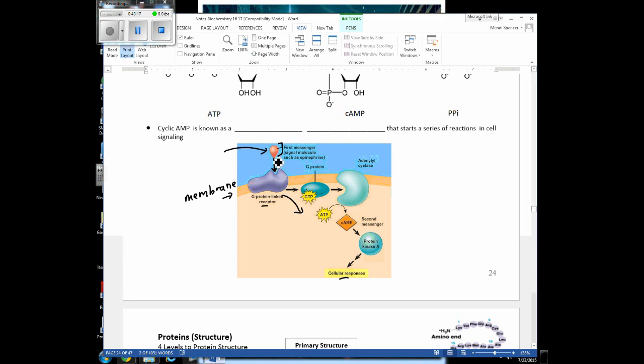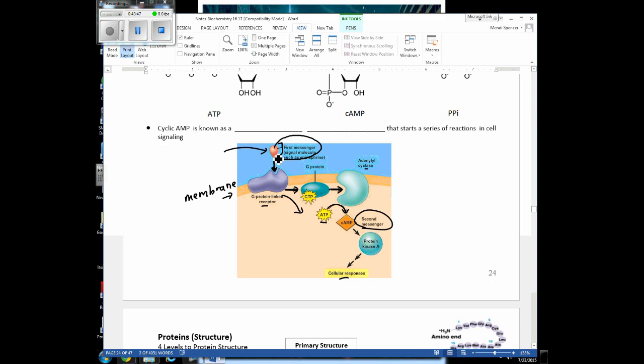Whenever this hormone binds to this receptor protein, it sets off a series of reactions. So this molecule activates this molecule, which activates this molecule. And this cyclase molecule, once activated, can grab onto ATP, bind to it in its active site, and convert it to a molecule called cyclic AMP. Cyclic AMP is known as the secondary messenger, and it's a common secondary messenger, though there are other types of secondary messengers.